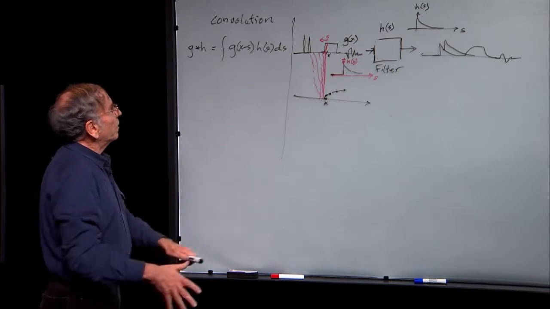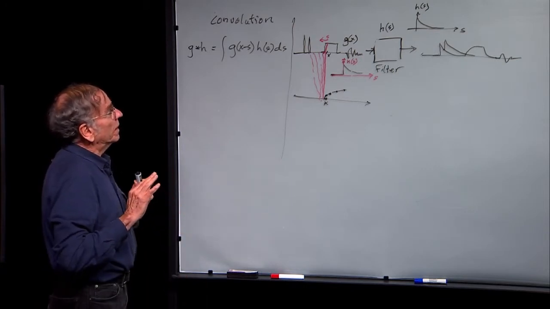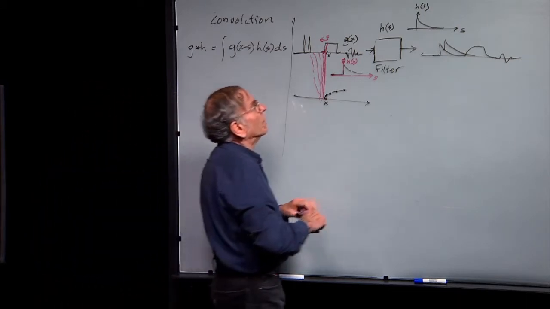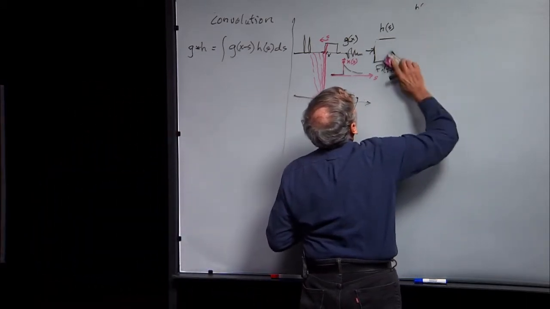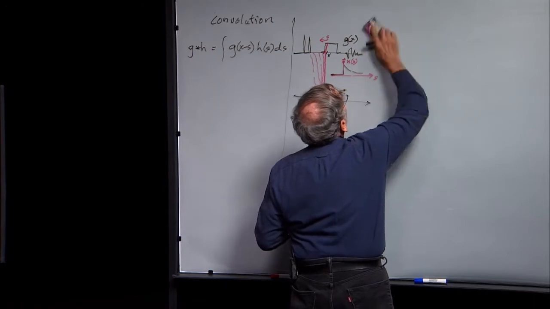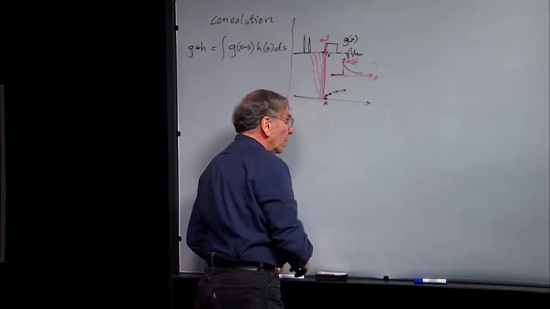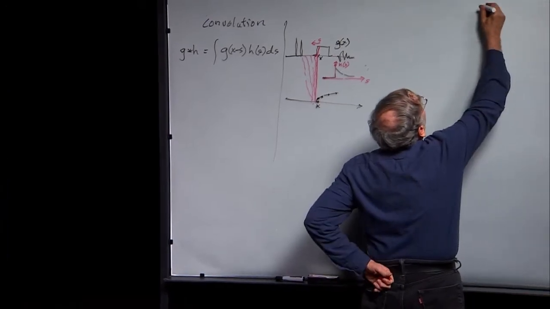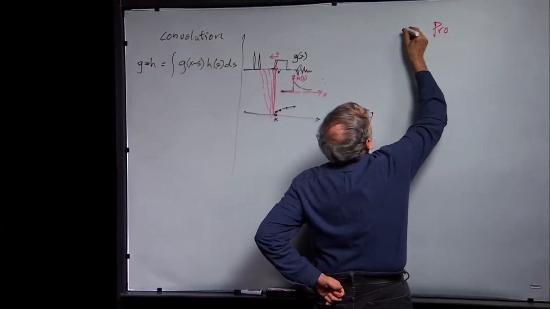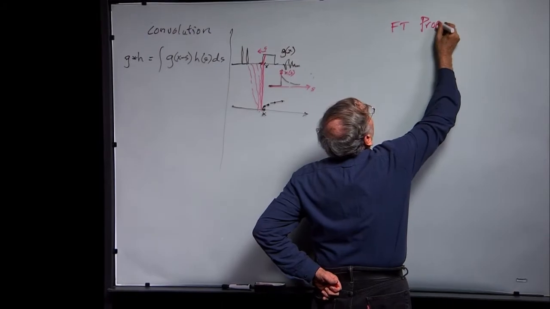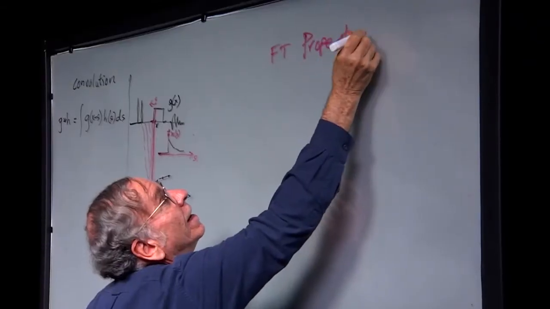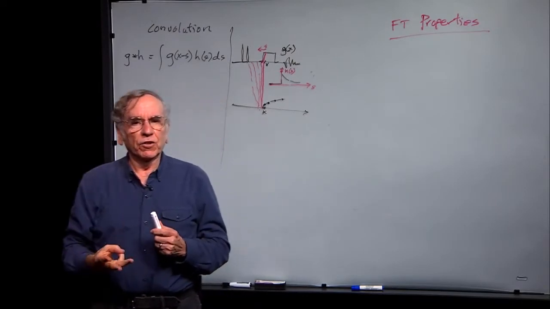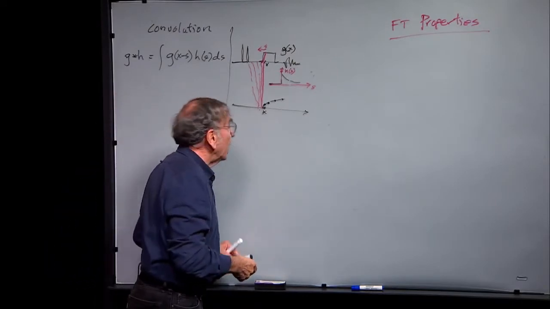But people use Fourier transforms, and there is a Fourier convolution theorem that is very, very useful. And it's even going to allow us to do deconvolution. So to add to my list of Fourier transform properties, remember last time we had linearity, scale, and shift properties.